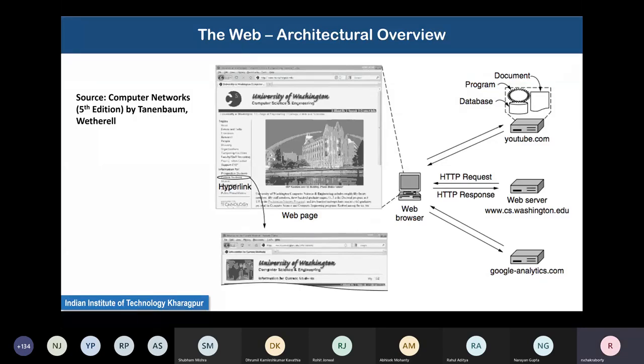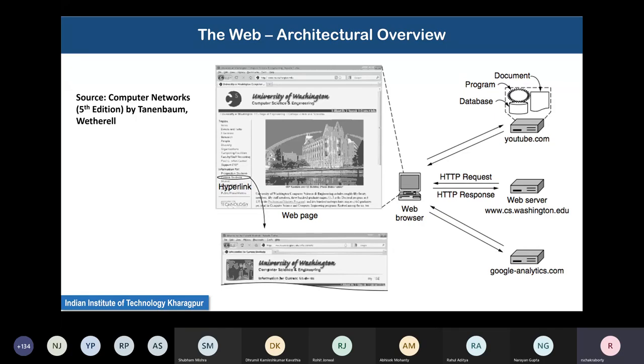Now, this is the simplest type of web page. In other, more complicated websites like YouTube or an Amazon e-shopping site, many other complications come in.